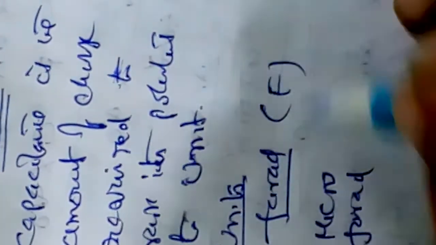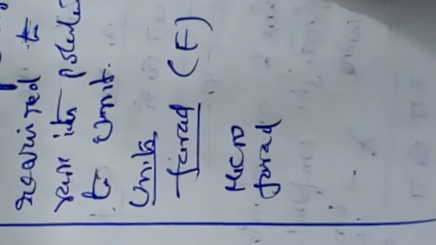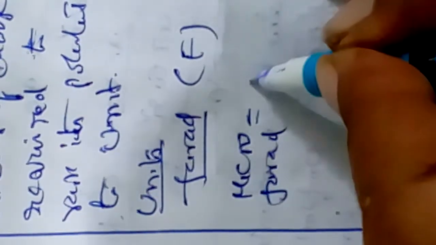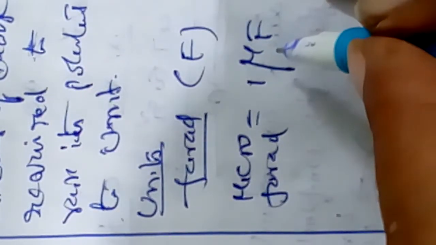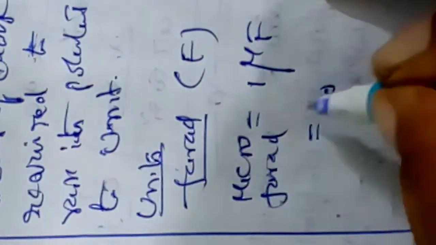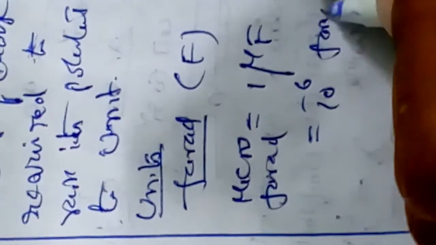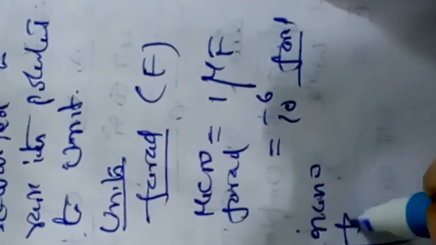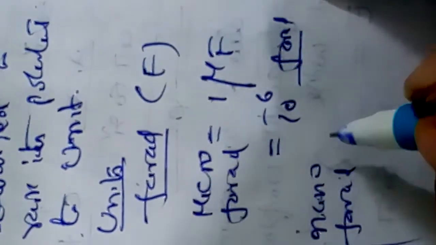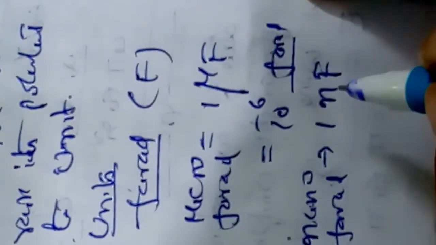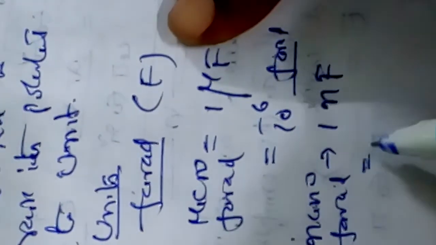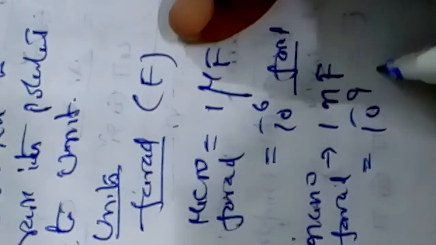Farad is represented as F. A microfarad I will represent as 1 mu F. Mu is the symbol. That is nothing but 10 power minus 6 farad. You also have nanofarad, another smaller unit, represented as 1 nF, nanofarad. That is 10 power minus 9 farad.